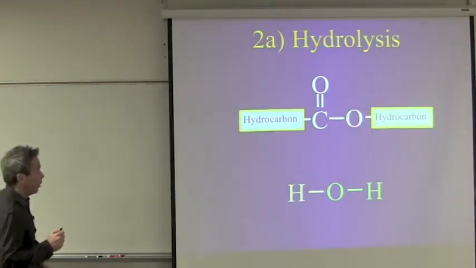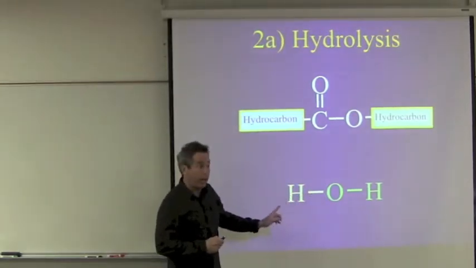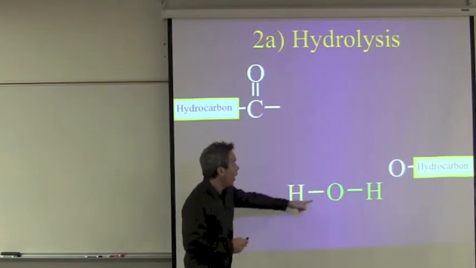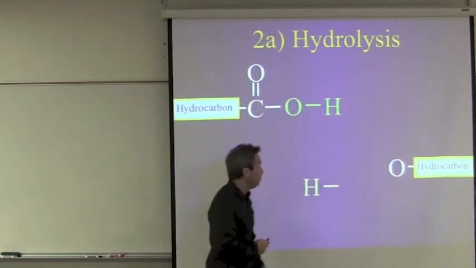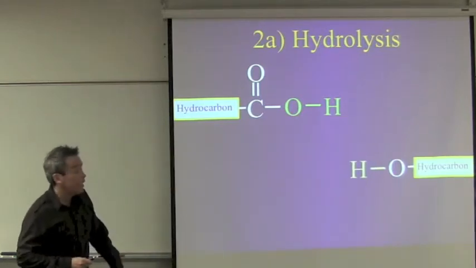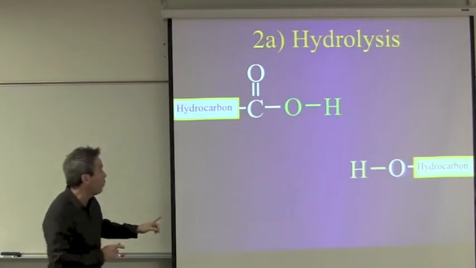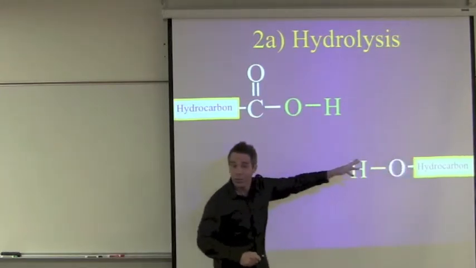Give you now the bigger picture. You start with an ester and water. We do the hydrolysis reaction. We break this bond. The OH from water goes here. The hydrogen goes here. In the case of a base catalyzed reaction, we got to do one more thing. We got to take that hydrogen off and put it in a hole in the universe.